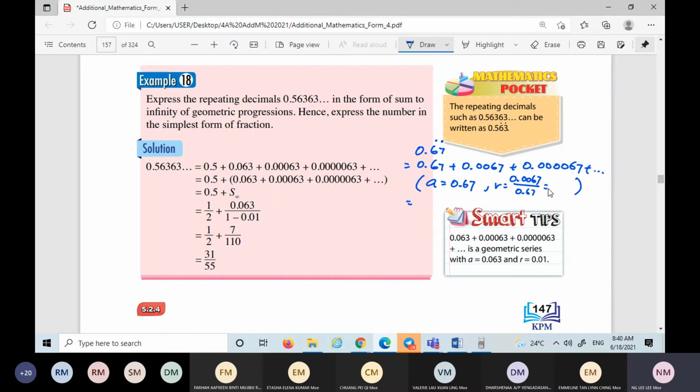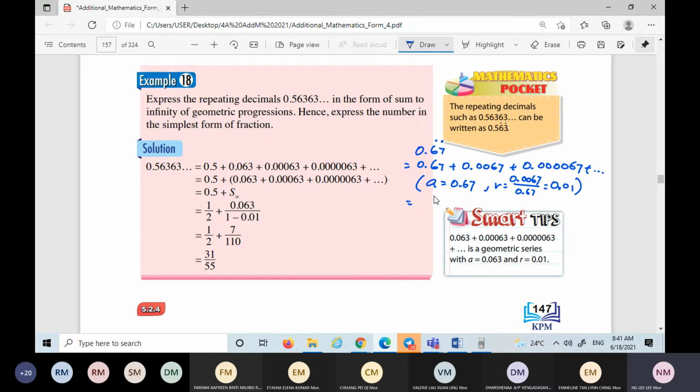What's the answer? 0.01. Is your R between -1 and 1? Yes. So you can use the S infinity formula.